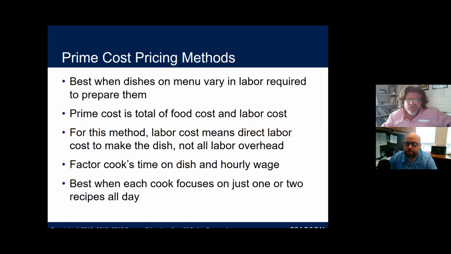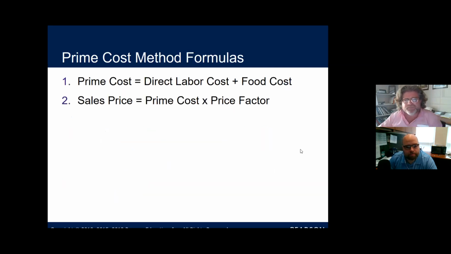If you have a situation where some cook is pulled out and forced to just be working on one or two things, sometimes this prime costing method can come into play. So the prime cost is the direct labor cost plus the food cost. How much am I spending to pay someone to make this dish?